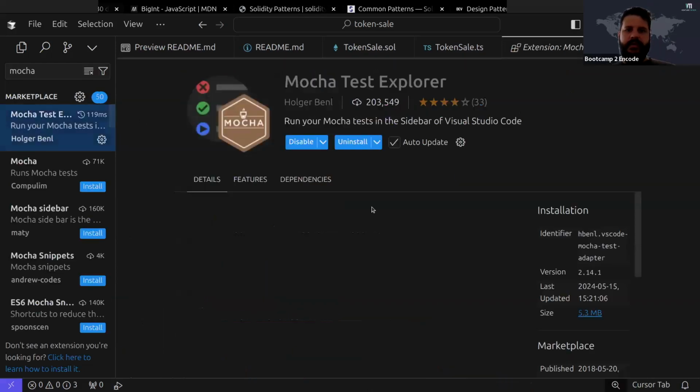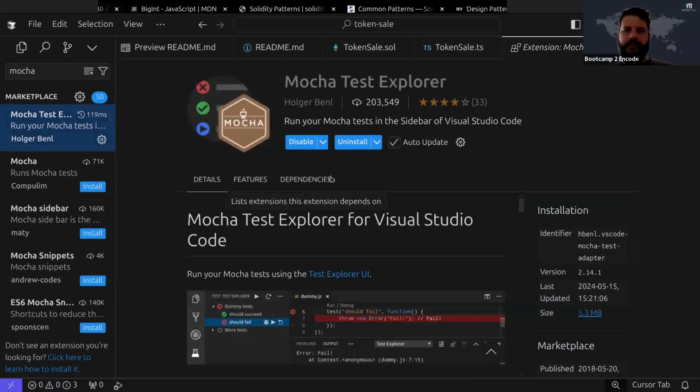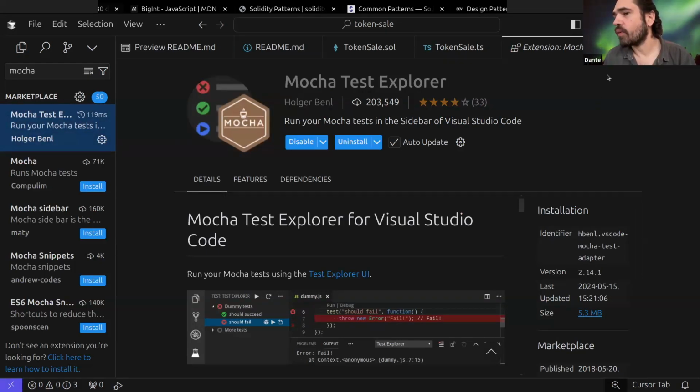Mocha Test Explorer, remember? Okay, then you should have this extension for it to work. I have it, but it's not working. I don't know what's going on. Yeah, there are some issues about this in the repository if you want to search. If not, you can open an issue there. I can try and troubleshoot. Okay.